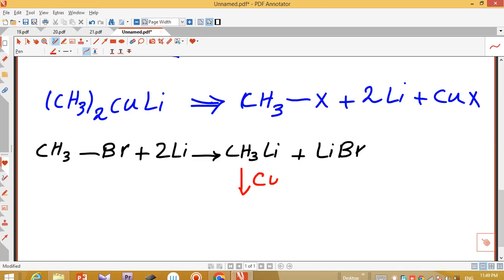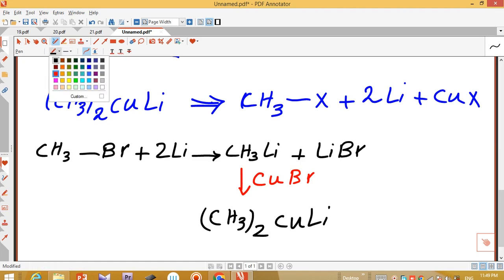So we will put one copper, for example copper bromide or copper iodide, which can be used in order to synthesize Gilman reagent, which is dimethyl copper lithium. And this is Gilman reagent. Please write it down in order not to forget what kind of reaction you are talking about.